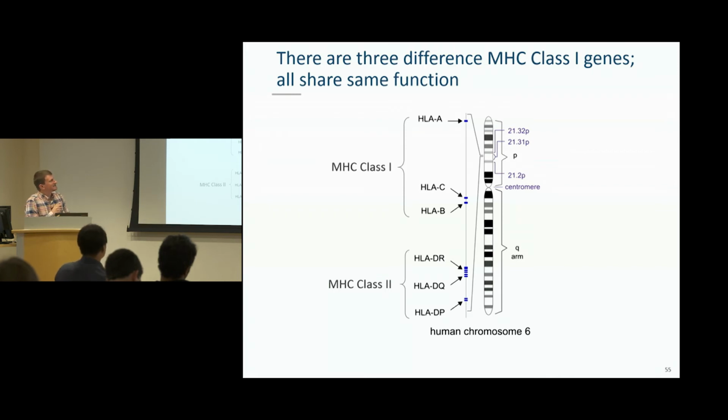Adding even more complexity to this, each of these genes is highly polymorphic, meaning that there are many versions of HLA-A in the human population, many versions of HLA-B, and many versions of HLA-C. And these versions are, for the most part, known and documented and have numeric accessions associated with them.